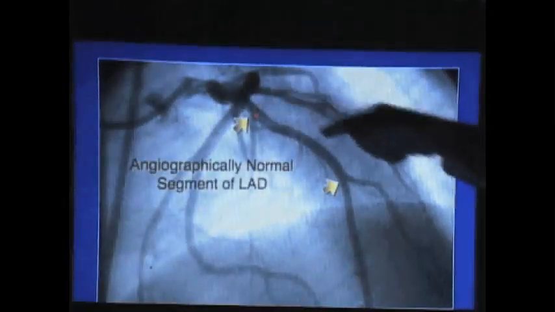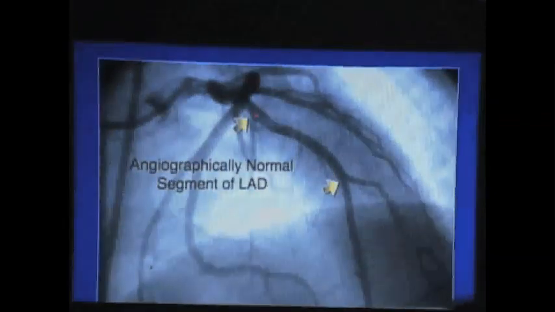So here's an example of how much you miss if you just look at the old-fashioned way at the angiogram. And this is an angiogram. You don't have to be a cardiologist to understand it. So you see this is the dye in the coronary, and you see everything's nice and smooth. Nothing is actually narrowed. So now we're going to take you inside that artery, and we're going to show you what the ultrasound looks like.